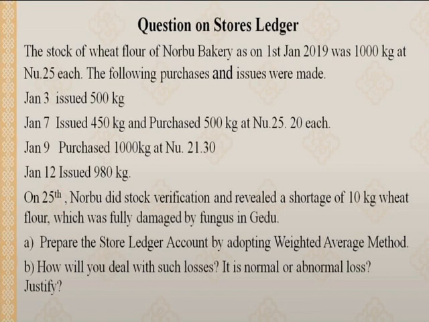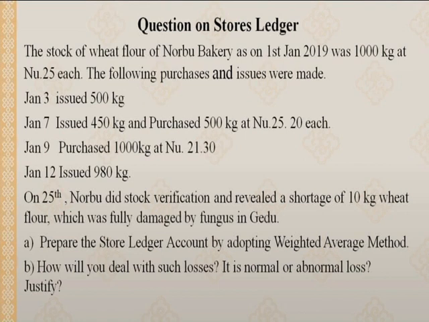The stock of wheat flour of Novo Bakery on 1st January 2019 was 1000 kg at the rate of Nu 25 each. The following purchases and issues were made. On 3rd January issued 500 kg, on January 7 issued 450 kg and purchased 500 kg at the rate of Nu 25.20 each.